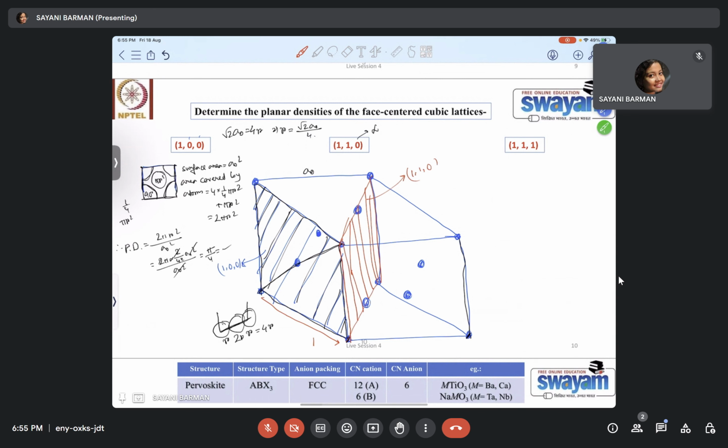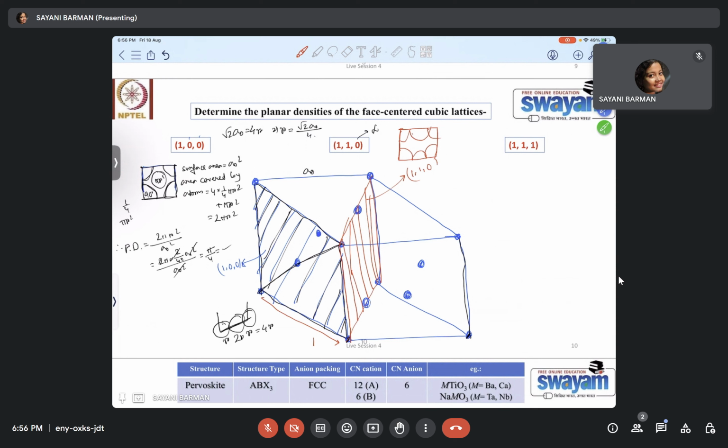Now, for 110, how will the surface look? At the four corners there are four atoms. Now along the two edges there are other atoms also. So it will be like this, and like this also.